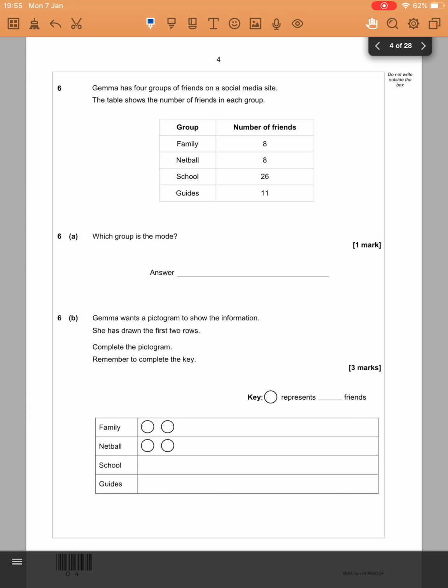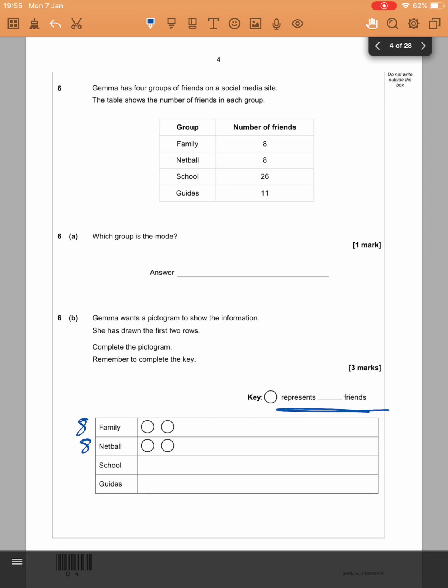Gemma wants a pictogram to show the information. She's drawn the first 2 rows. Complete the pictogram. Remember to complete the key because that's going to be worth a mark. So family has got 2 circles in it, and that's representing 8 people. Netball has got 2 circles, and that's representing 8 people.